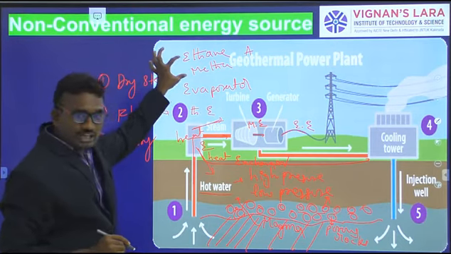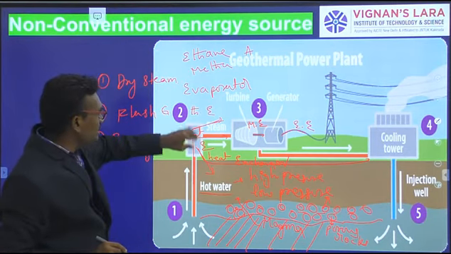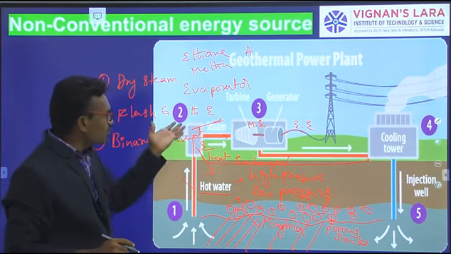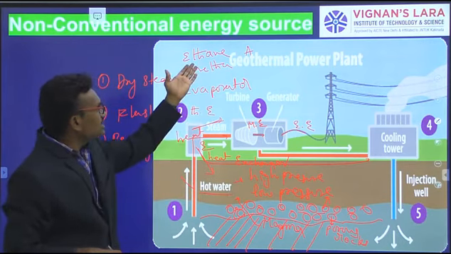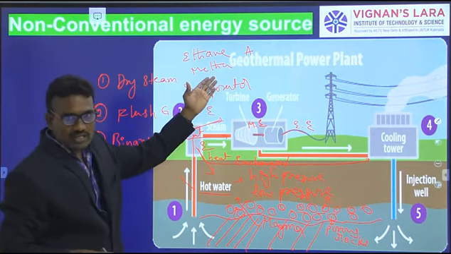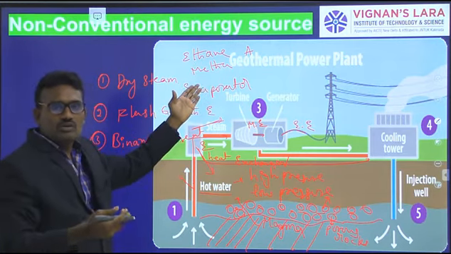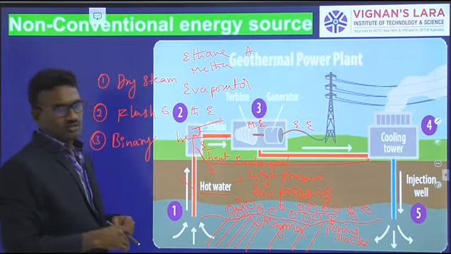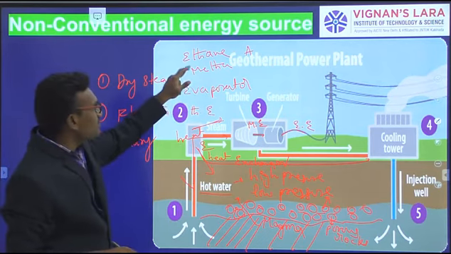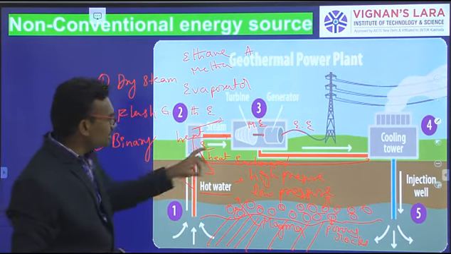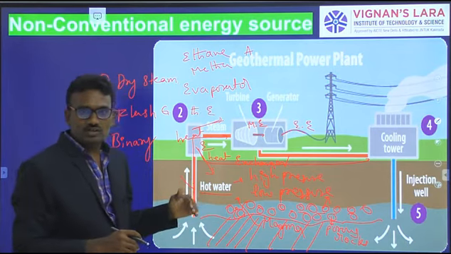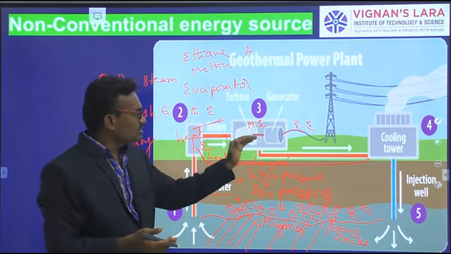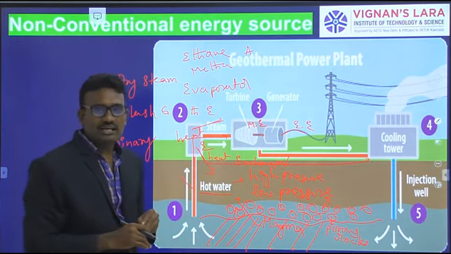The low pressure hot water converts the liquid state of ethane, methane or ammonia into vapor. The vapors are passed into turbines to rotate the turbine, and the mechanical energy is passed into the generator to create electrical energy.